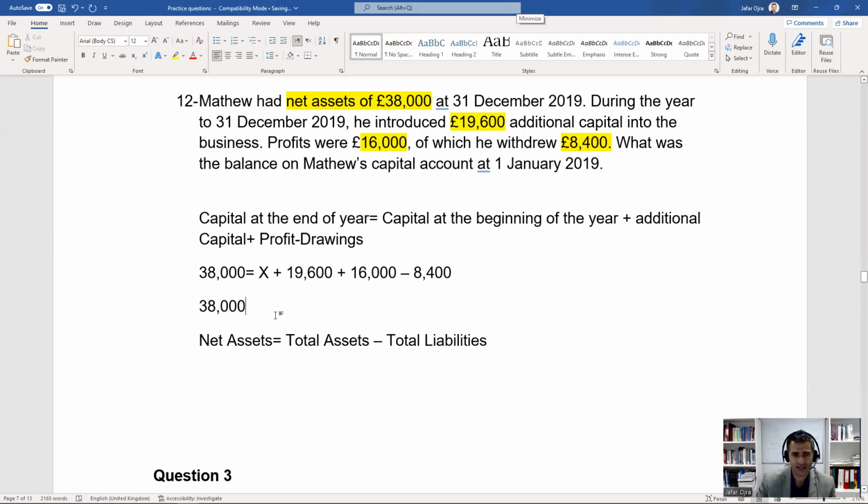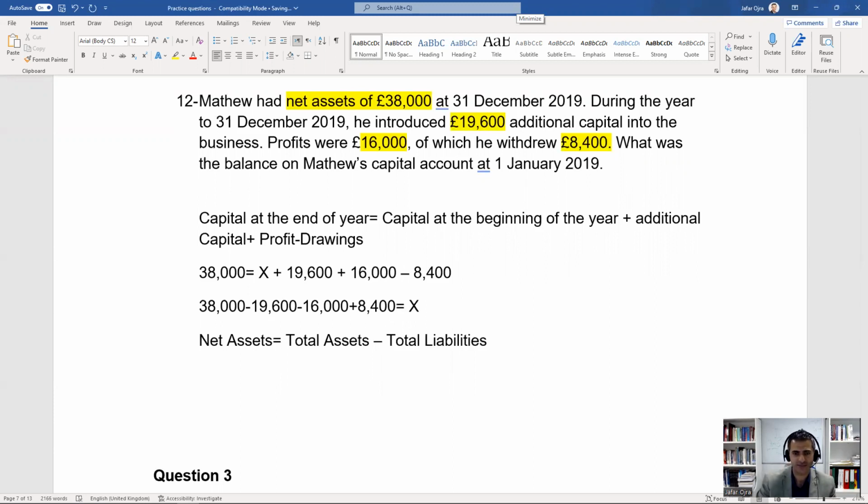Then 19,600, you move it to the other side, it becomes minus. This one, you move it to the other side, it becomes from positive to negative, so again negative 16,000. And the drawings, if you move it to the other side from minus, becomes positive, so that's 8,400. That's basic math skills.